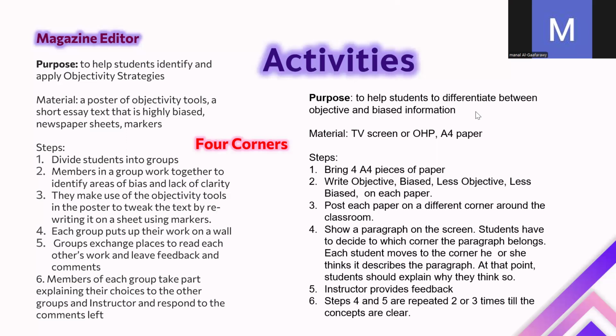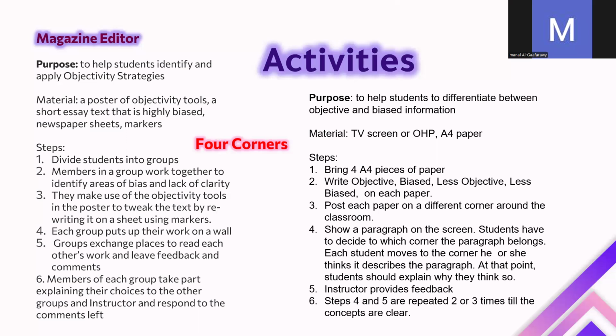Each group puts up the work on a wall, and then they exchange places to read each other's work and leave feedback and comments. After that stage, members of each group take part explaining their choices to the other groups and instructor and respond to the comments left. So by this, students will grasp how to identify biased information and how to apply tools of objectivity.